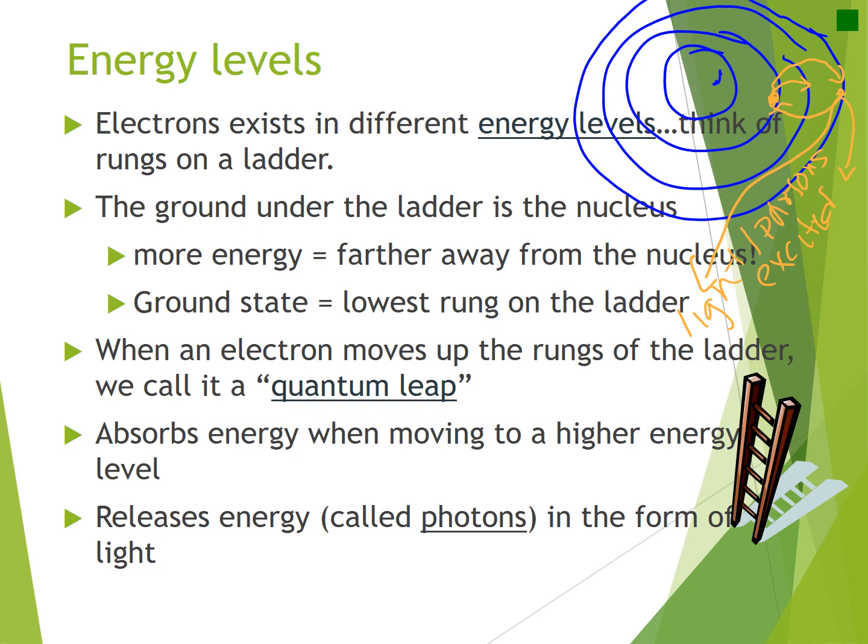So once again, it goes from a ground state electron, absorbs energy, does a quantum leap up to another energy level, becomes an excited state, does not like it, so releases that newly absorbed energy in the form of light or photon to go back to its ground state. So that's how the Bohr model actually works with the releasing of light and energy levels.